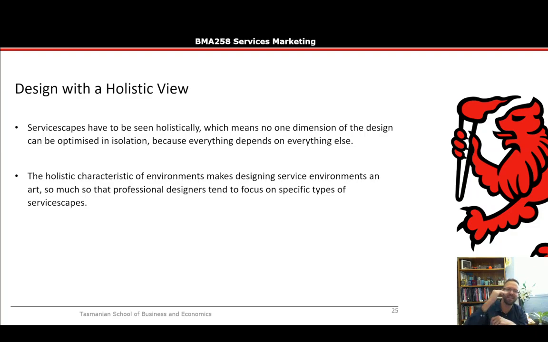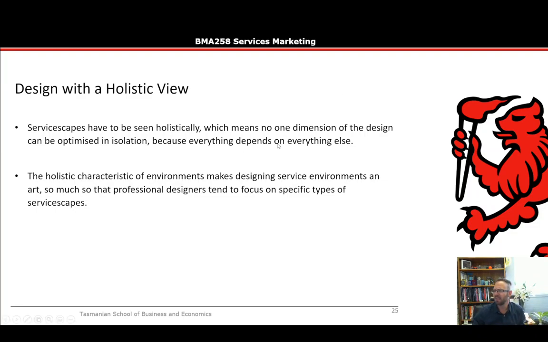So just because your scent is on track, and you go, oh, well, we're going to develop this scent because it evokes these types of behaviours, that might be really good. But then if your colour scheme is off, then individually they might be achieving the things that you want, but holistically they clash, and therefore it doesn't work. So you need to make sure that everything comes together to achieve a holistic approach to your servicescape.